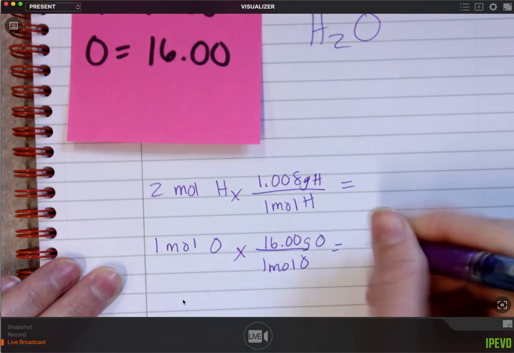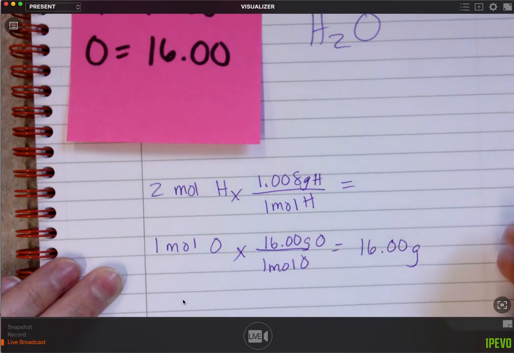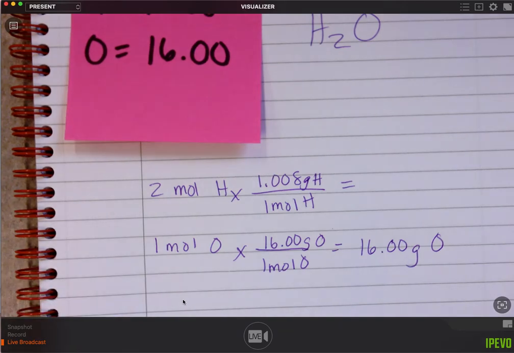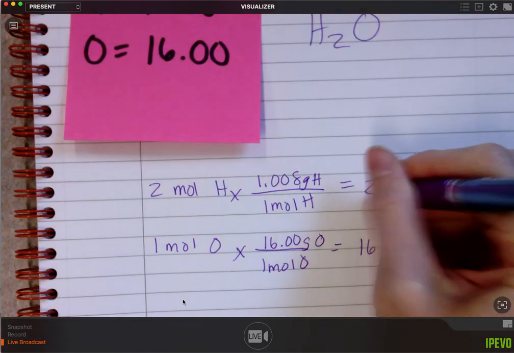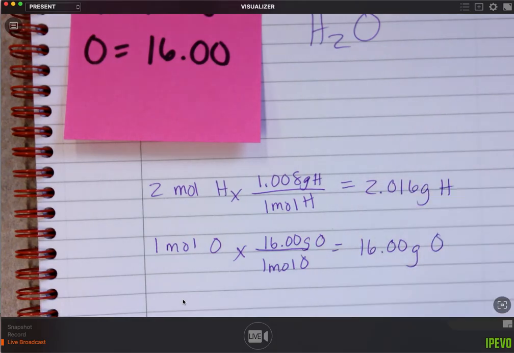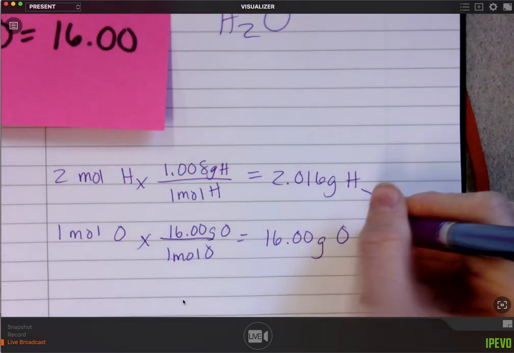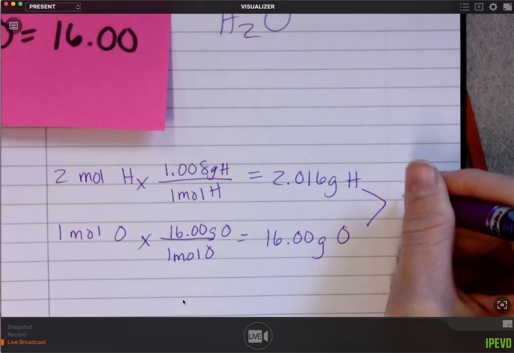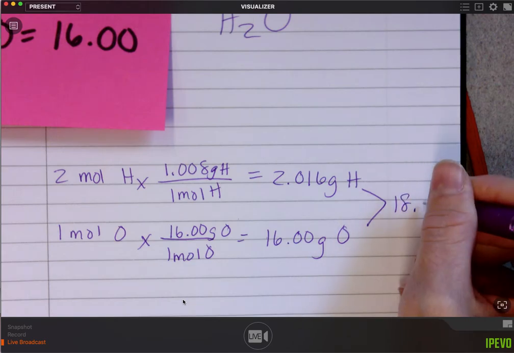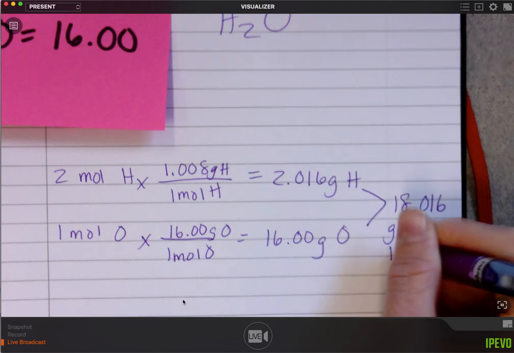So we get 16.00 grams of oxygen within 1 mole of water, and we have 2.016 grams of hydrogen. Then we just add these numbers together to get 18.016 grams per mole of water.